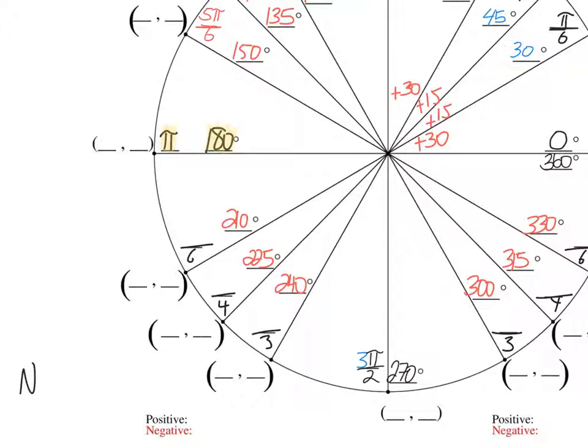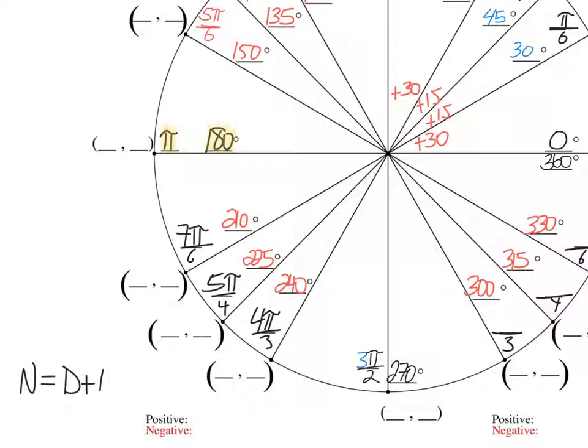The numerator is going to be 1 more than the denominator. So we're going to get 7 pi over 6, 5 pi over 4, and 4 pi over 3. Again, you can do the calculation if you want. And in fact, maybe you do it this way and you double check with the calculation.